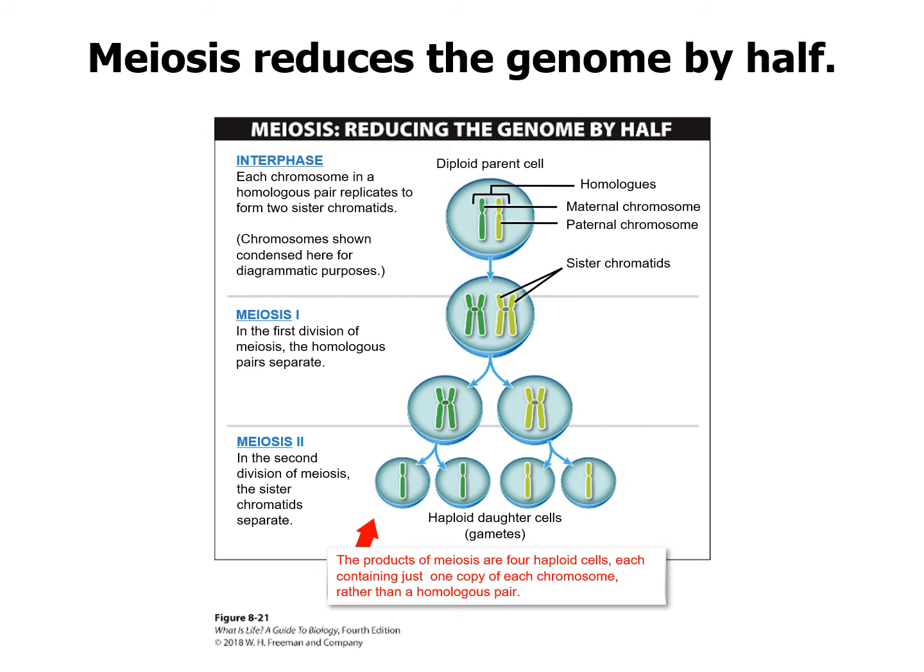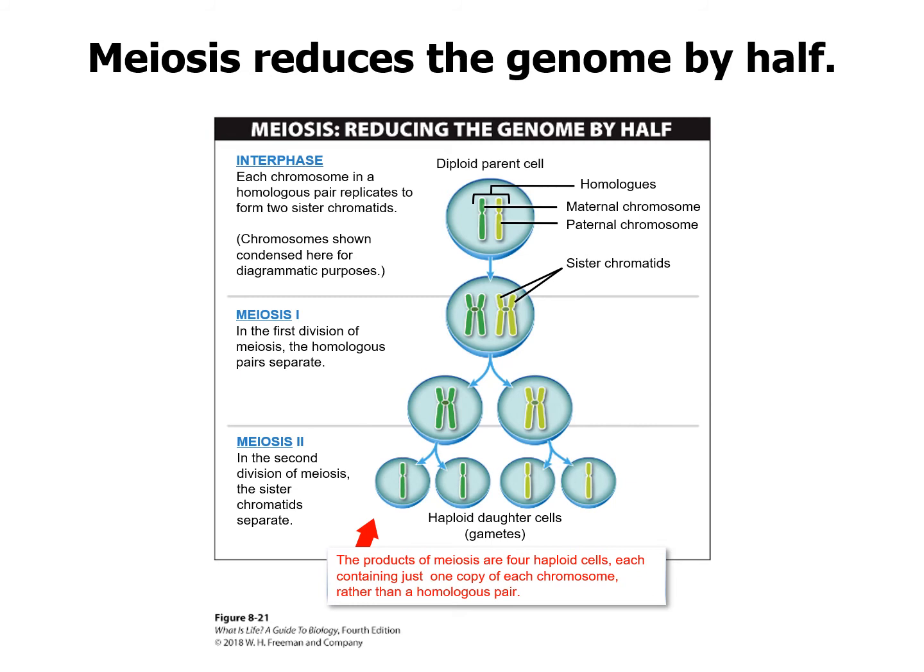So what happens with meiosis is we have a diploid parent cell that has our homologous pairs, one from mom, one from dad. And keep in mind that this means that it is not chromosomes from the participating parents creating the new offspring.